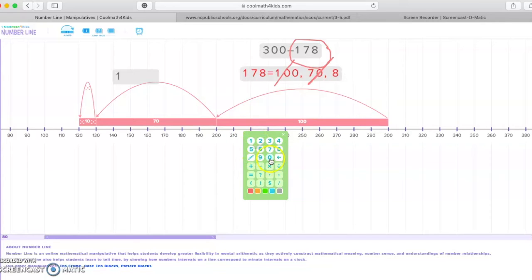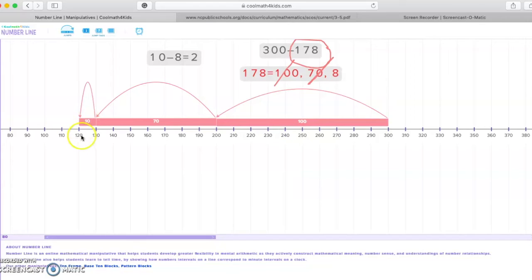So I'm going to do 10 minus 8, and I know that that is 2. So now I am at 120. So this is where I landed. But I know that I am 2 more than where I landed because I jumped by 10. So 120 plus 2 equals 122.